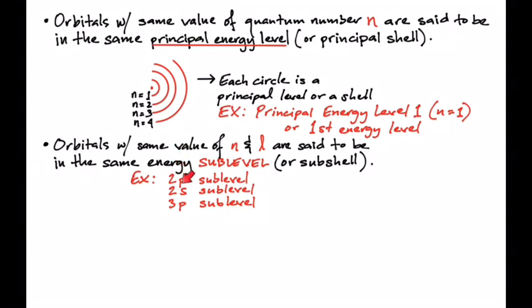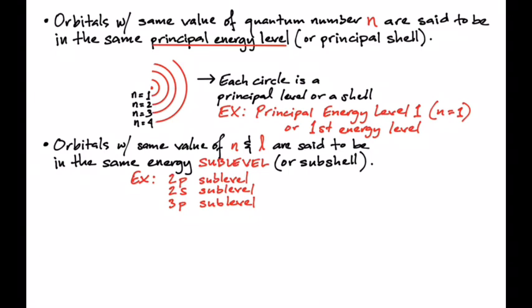Both the 2p and the 2s sublevels are in the same principal energy level. The 2p sublevel contains p orbitals, and the 2s sublevel contains only the s orbital. So the p orbitals in the 2p sublevel are all in the same sublevel. So those orbitals have the same value of n and L.